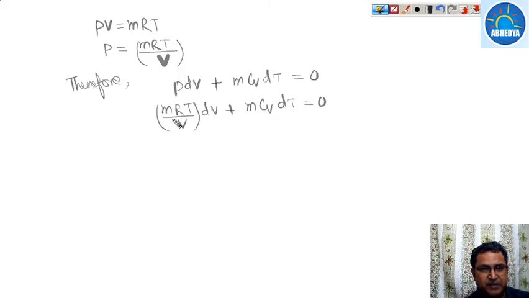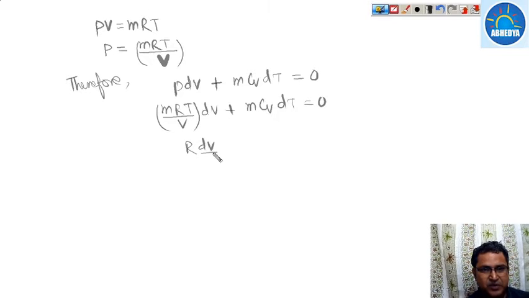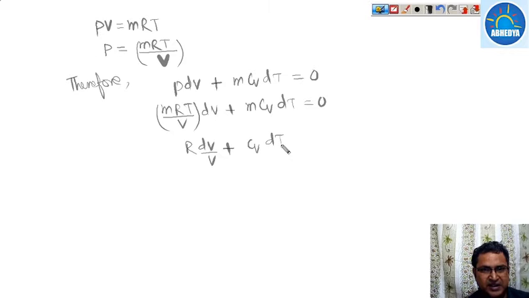If we divide by m, this is R dV upon V plus Cv dT upon T is equal to 0. Now this is our equation.